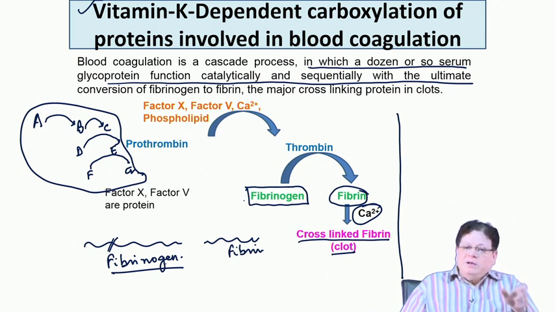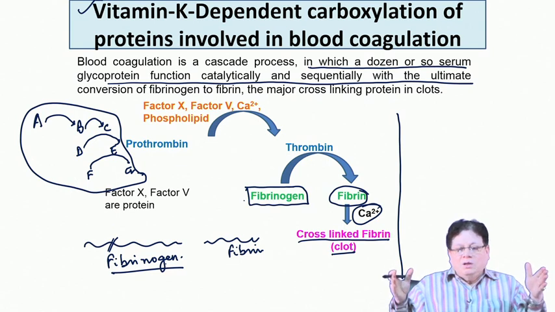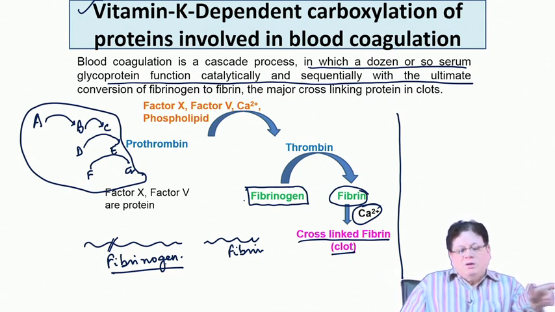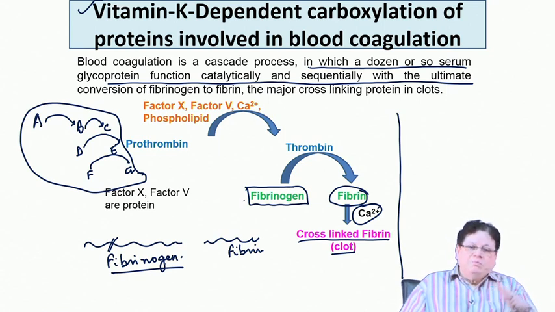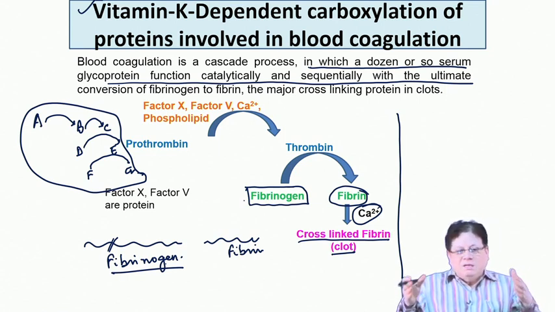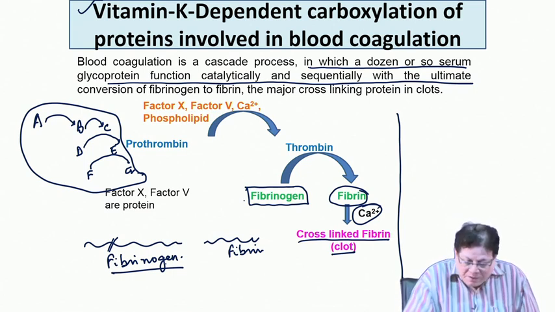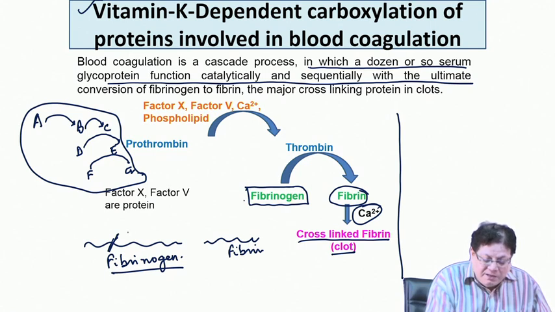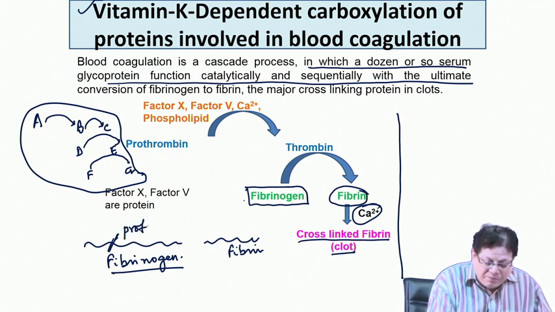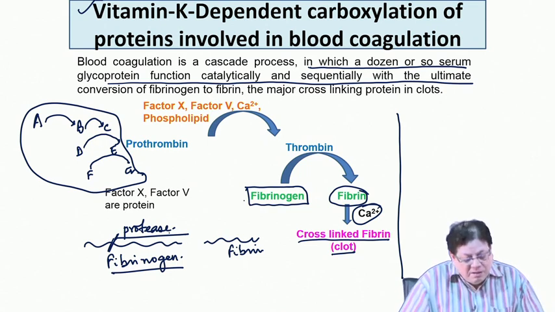That is nothing but a proteolytic cleavage of one portion in the long polypeptide. You take out the portion which is making it inactive, resulting in the active form of the protein. This breakage is nothing but a protease reaction. You are basically breaking the peptide bond, and that is a peptidase or protease.